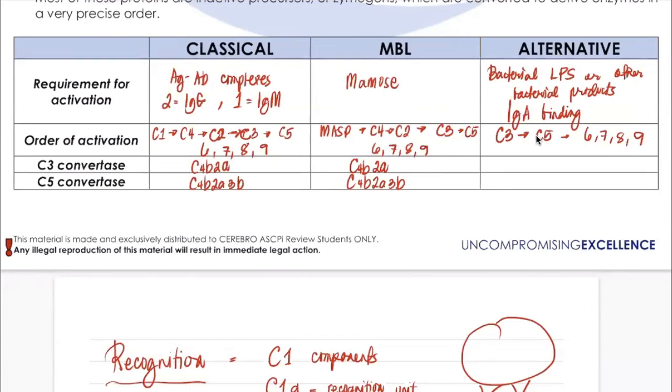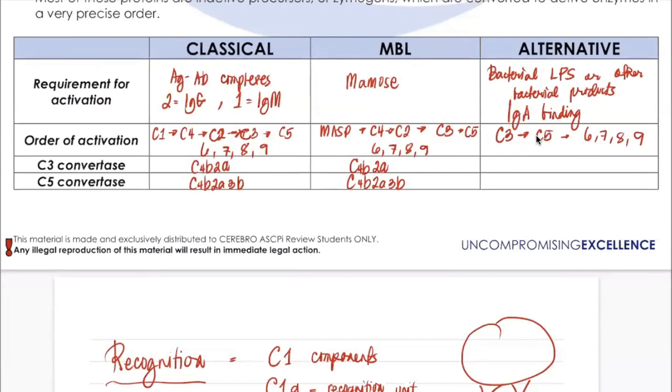However, kung meron tayong tatandaan dito yung pivotal point ng lahat ng cascade na to. Lahat ng cascade na to still involves C3. Okay? That's why, if we are to discuss yung ating mga diseases of the immune system, ay yung pinaka-delikado or pinaka-severe na complement deficiency would that be of C3.